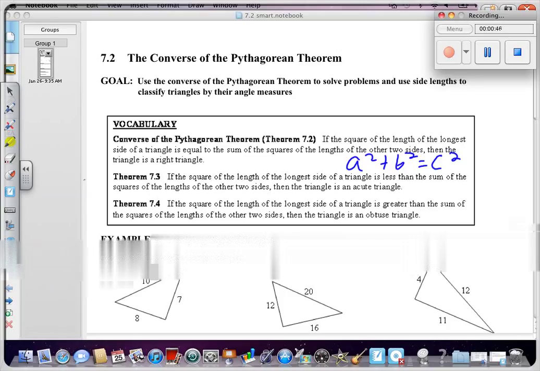Okay, so theorem 7.3 says, if the square of the length of the longest side of a triangle is less than the sum of the squares of the lengths of the other two sides, then the triangle is an acute triangle. So let's write this out.